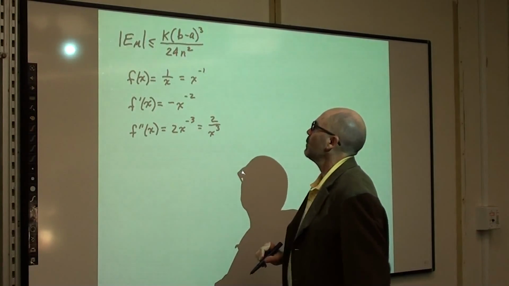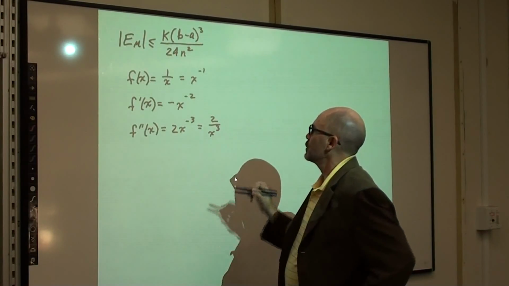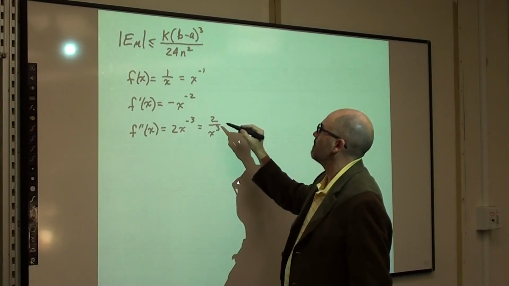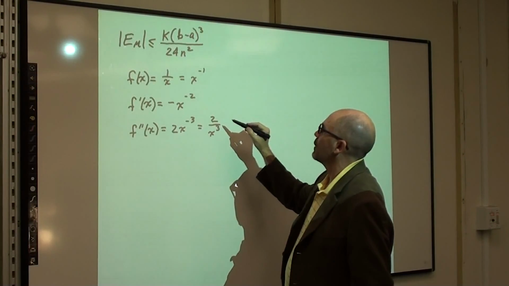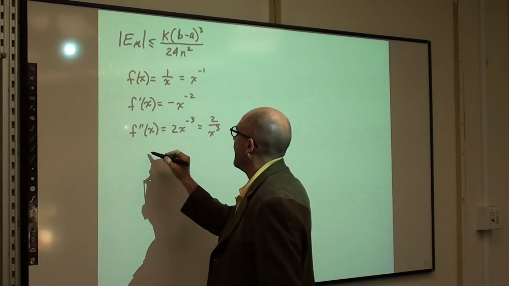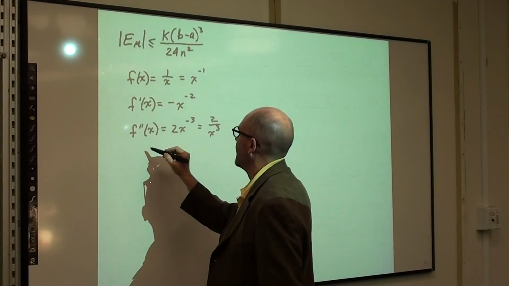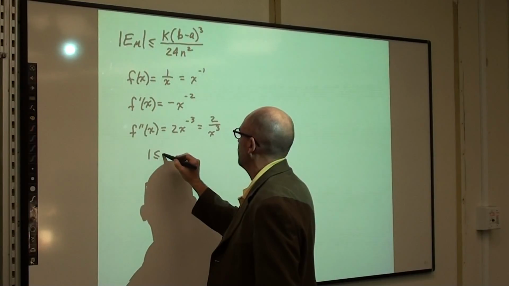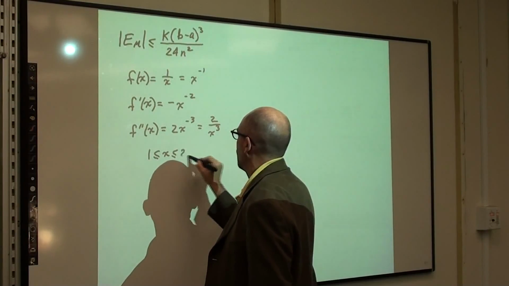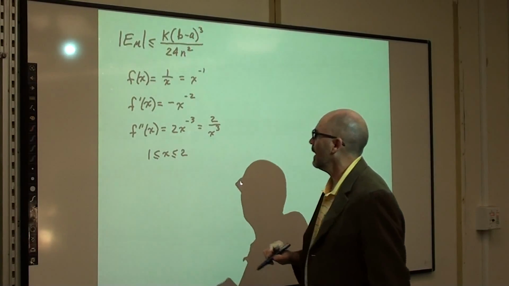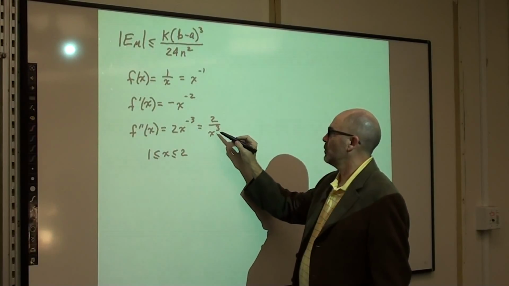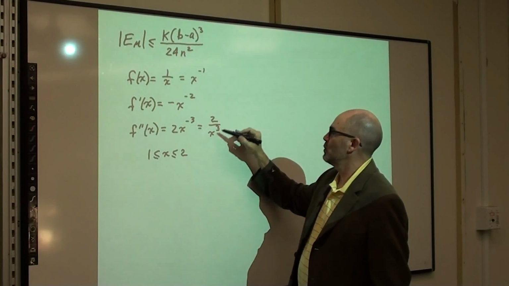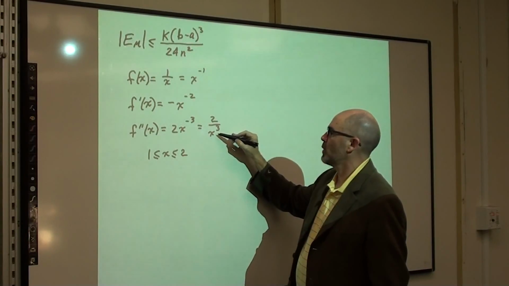Now, what we want to do is choose a k value that's at least that much. Now, we're looking for x has to be between a and b. So x goes from 1 to 2. Now, if we let x be 2, then my f double prime is 2 over 8, which is 1/4.